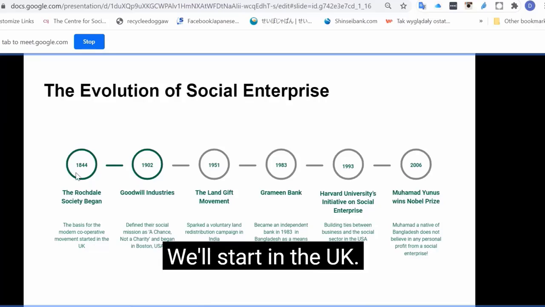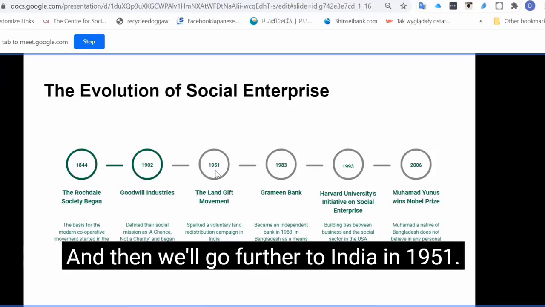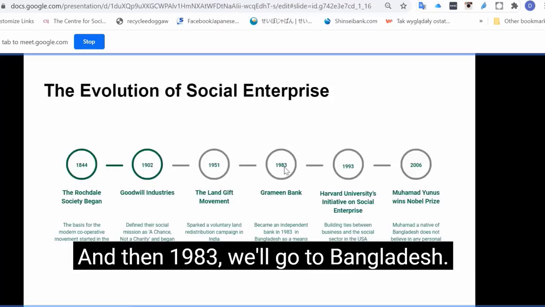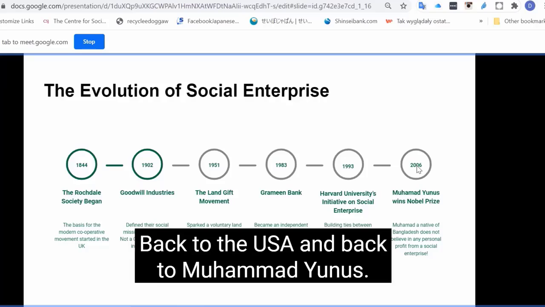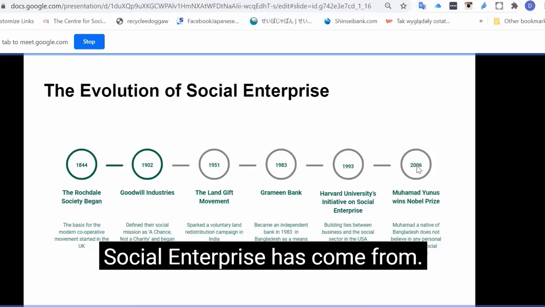We'll start in the UK, and then we'll cross the sea to America in 1902, and then we'll go further to India in 1951, and in 1983 we'll go to Bangladesh, back to the USA, and back to Muhammad Yunus. And this little timeline tells you all you need to know about where social enterprise has come from.